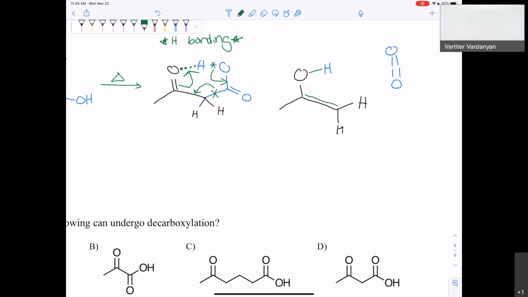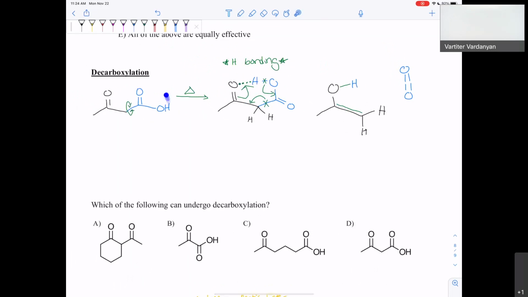So essentially what we're doing is we're cleaving off this whole side and forming a double bond and an OH. And a way you can remember this is it's a decarboxylation. So we're pretty much getting rid of the carboxylate group.